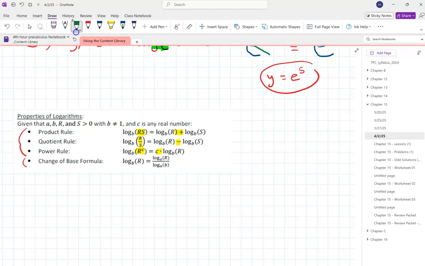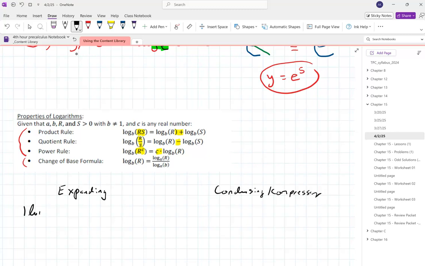So when we talk about getting used to these properties, we really often practice them doing 2 types of problems. Those types of problems are called expanding and then condensing, or maybe some people call it compressing.